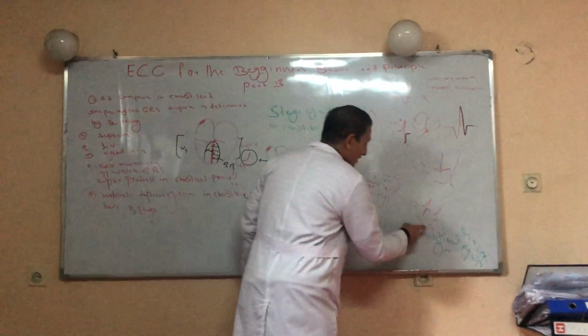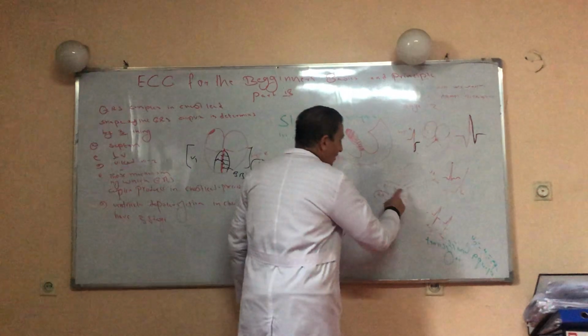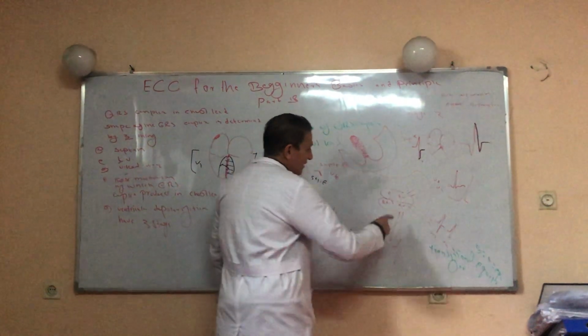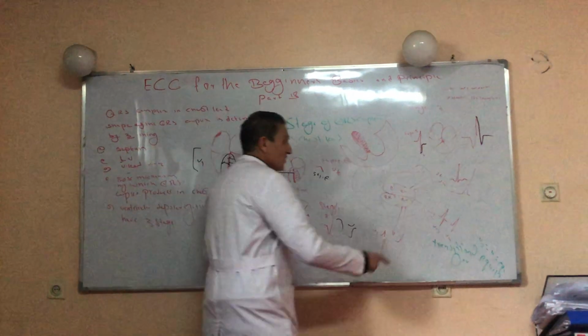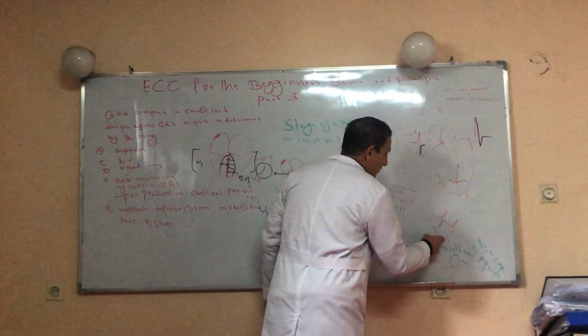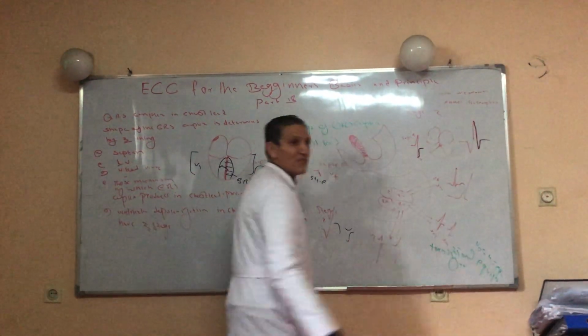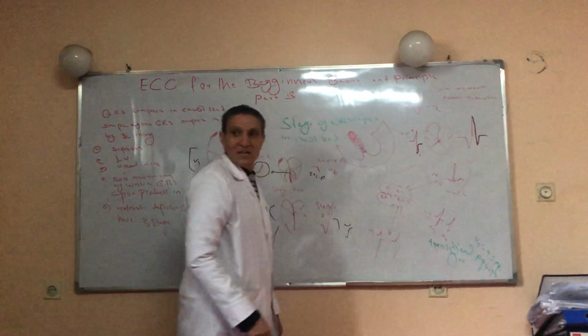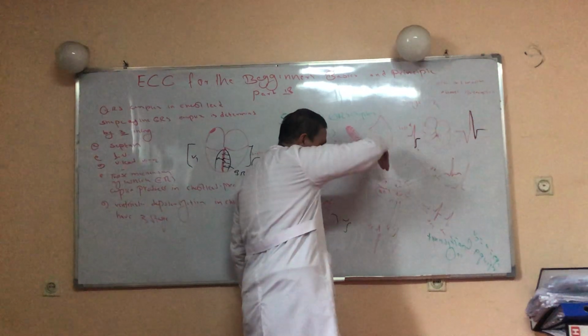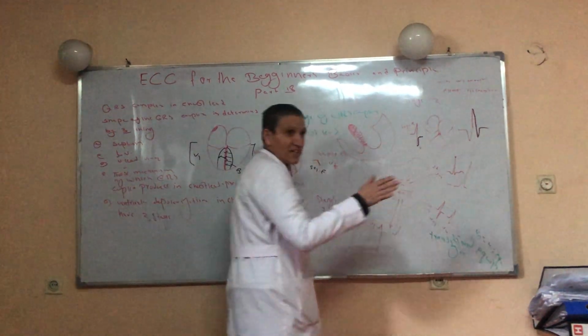Now we come to V3 and V4. V3 and V4 look at the septum but provide information about the anterior part of the heart. In these leads, R and S are both equal. This is called an equipolar lead. Why is it equal? Because the electrical impulse moves downward at a right angle.